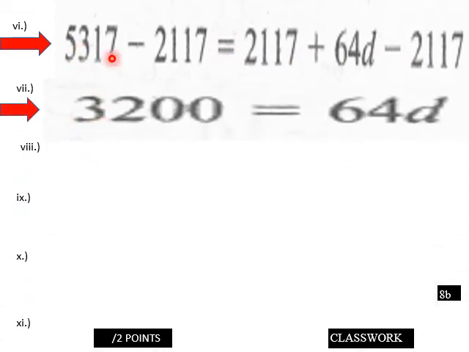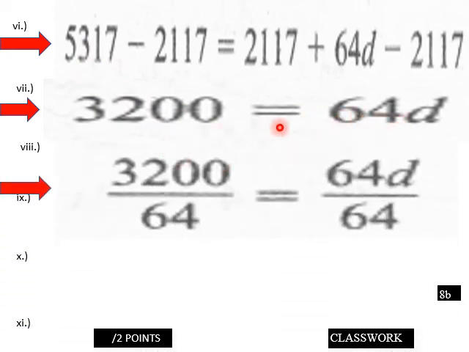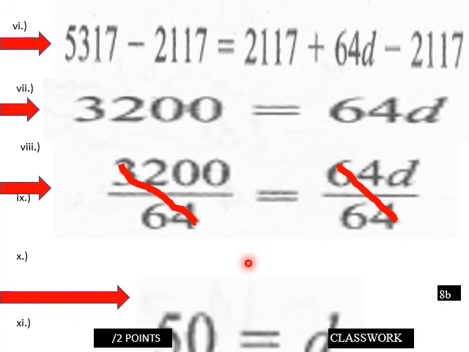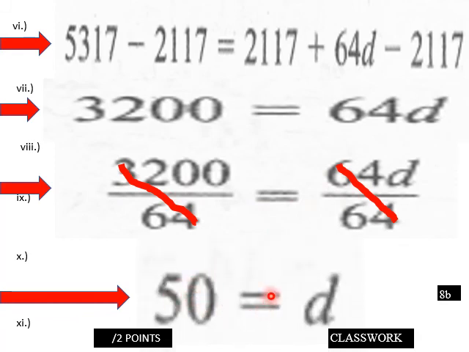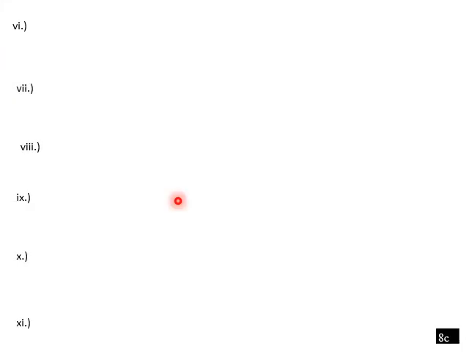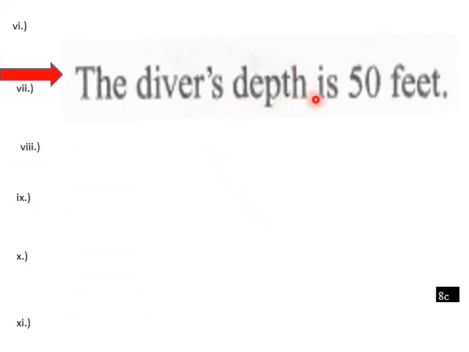When we do that, we end up with 3,200 equals 64D. To solve for D, we divide through by 64 on both sides. When we do that, these cancel. D equals 50. 50 feet would equal D. That would be our solution for that question. And the diver's depth is 50 feet.